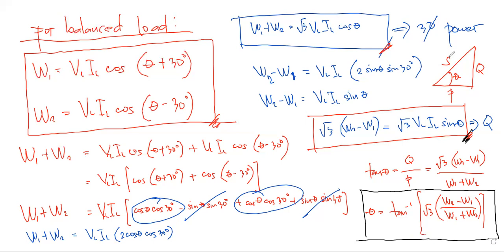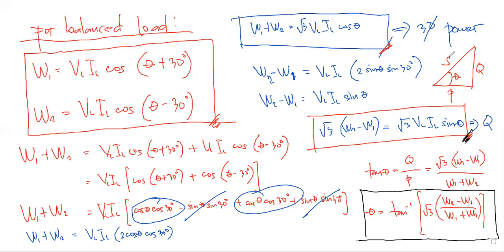You connect the two wattmeters, either case 1, case 2, or case 3, and you obtain the readings of the wattmeters. After obtaining the readings, you add them, that is the total power. You multiply square root of 3 to the difference, that is the reactive power.